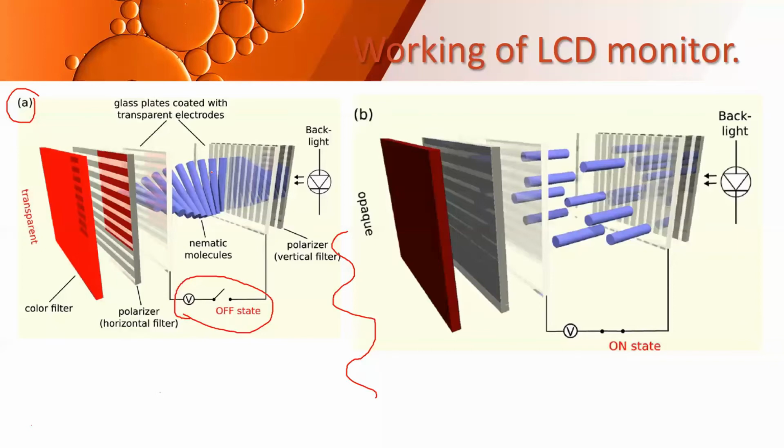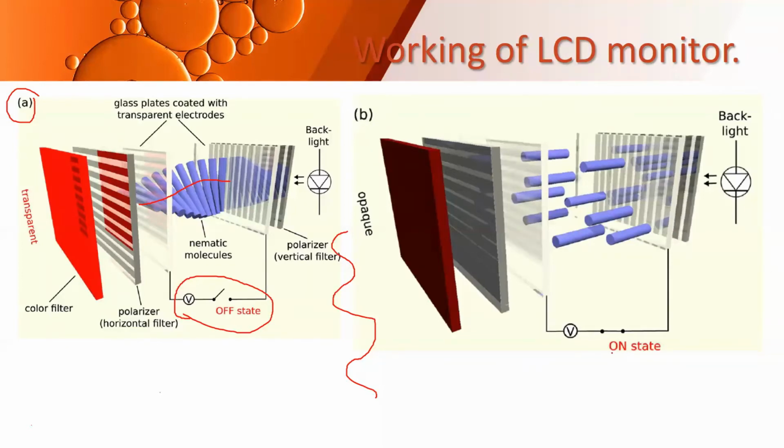Then the next crystal will bend it a little more, then a little more, and as the light reaches the horizontal plate, it has completely bent into a horizontal beam of light. Earlier it was a vertical beam of light, and the moment it reaches this last crystal, it has become a horizontal beam of light. And this horizontal beam of light strikes the color filters, and the color filter glows.